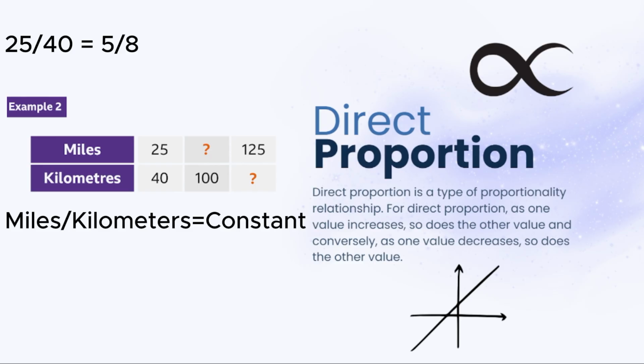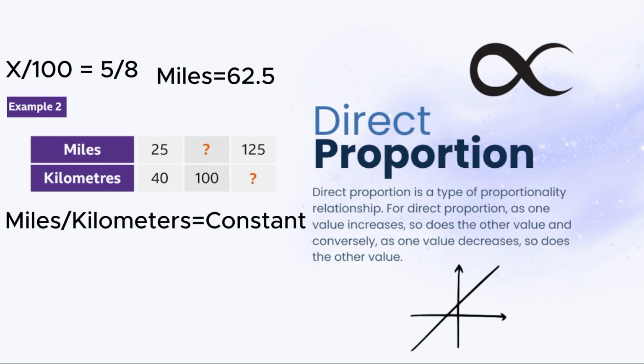First, when kilometers equals 100, we can say that miles over 100 equals 5 over 8. Now, we can multiply both sides by 100, which is 5 over 8 times 100, and the result will be 62.5. So, 62.5 miles is 100 kilometers. Second is when the miles is 125.